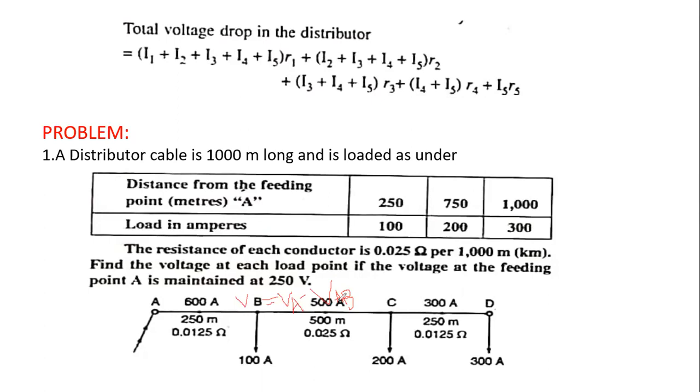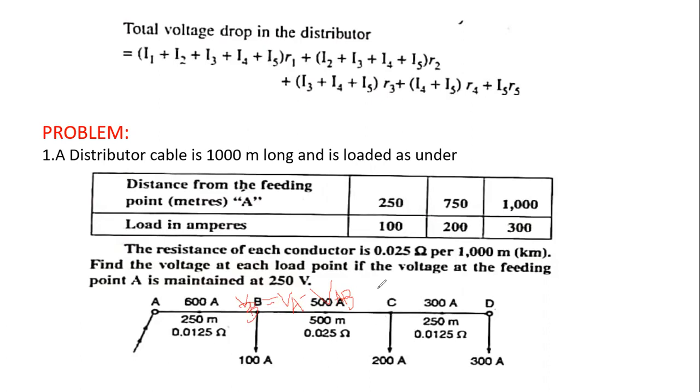What is the IAB current? That is I1 plus I2 plus I3. Then we calculate the voltage at the VB point. Therefore VB is equal to VA minus VAB.